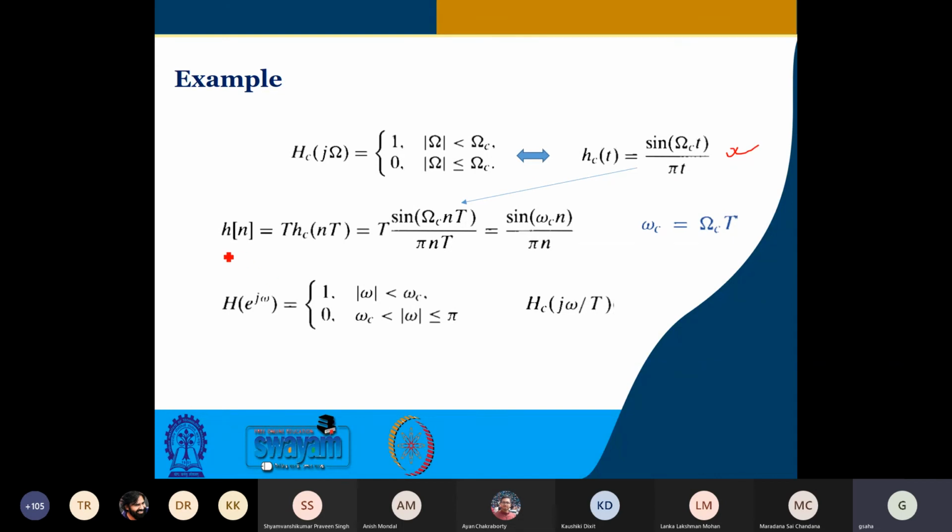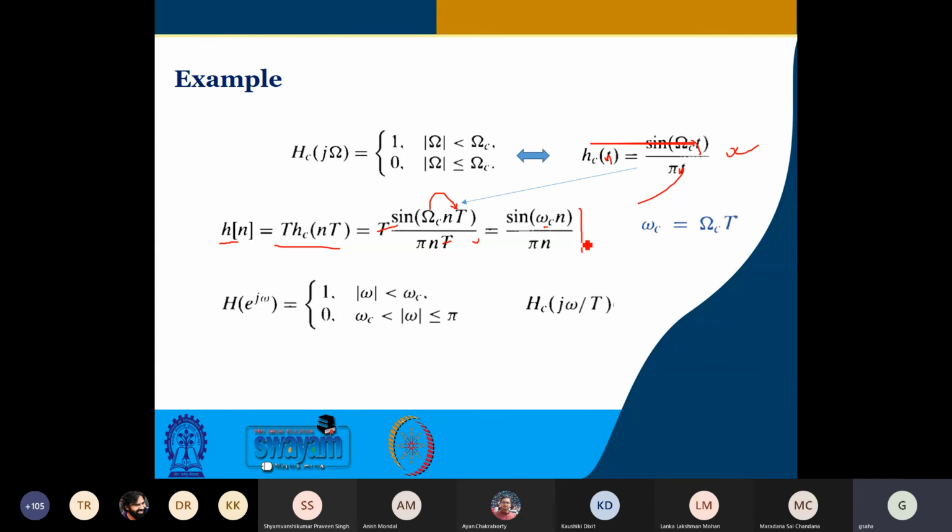Then the equivalent DSP system that you want to realize, and you are looking for the impulse invariance method applied, this h[n] will be T times h_c(nT). So T times this value, so this is the sampled version, so h_c(nT), so this will be nT and this will be nT, so that is what you see over here. Now capital Omega_c into T is your small omega_c, and this T cancels, so π n, so sin(ω_c n) by π n.